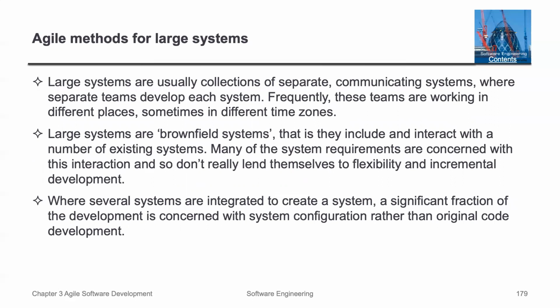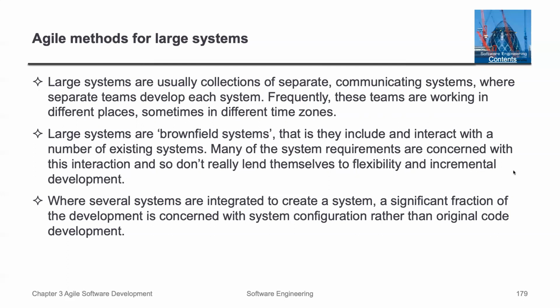What about agile methods for large systems? Large systems are usually collections of separate communicating systems where separate teams develop each system. Frequently, these systems are working in different places, sometimes in different time zones. Large systems are brownfield systems. That is, they include and interact with a number of existing systems. It's not just a greenfield all by yourself.